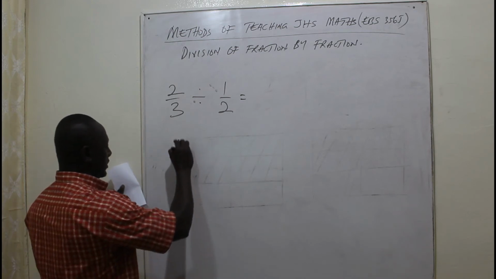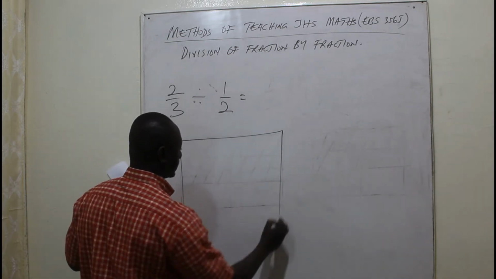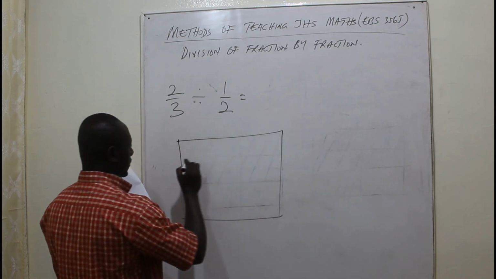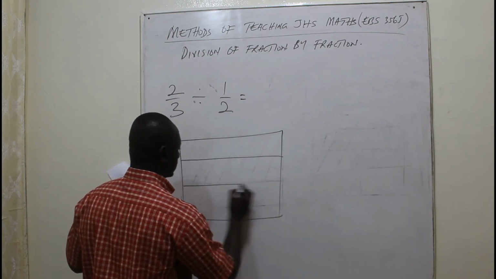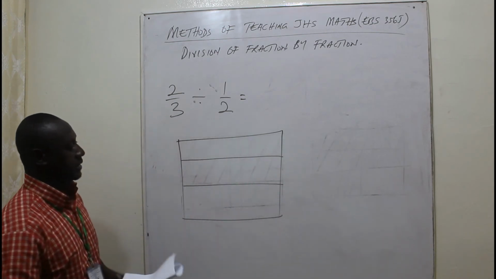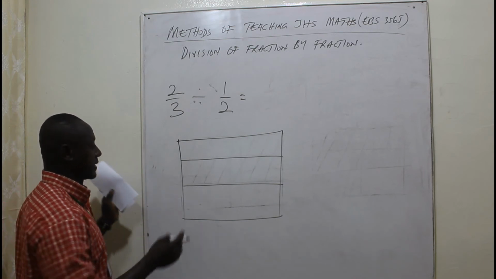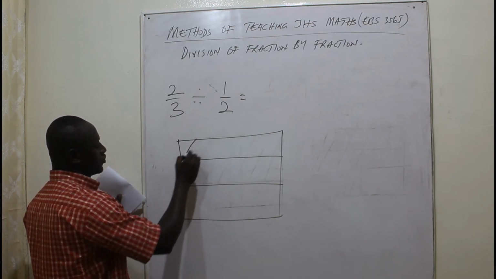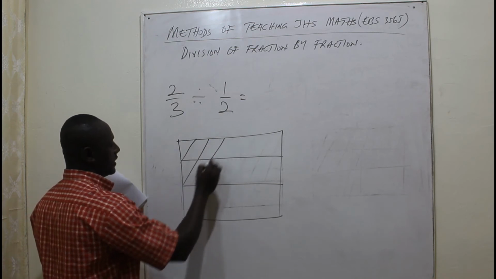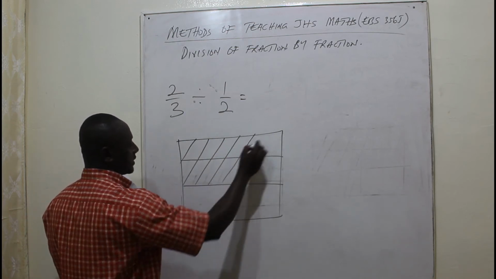2/3. So this is 2/3 here, which we can model in this way. That is, divide the paper into 3 equal parts, and then you guide the children to choose 2 parts or to shade 2 parts, like I am doing here.